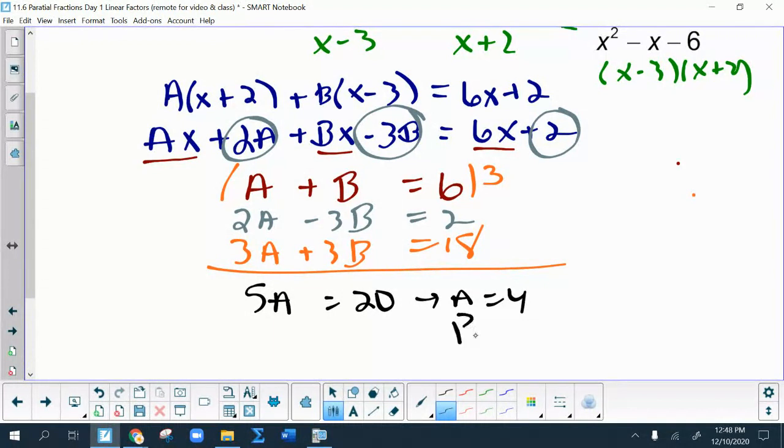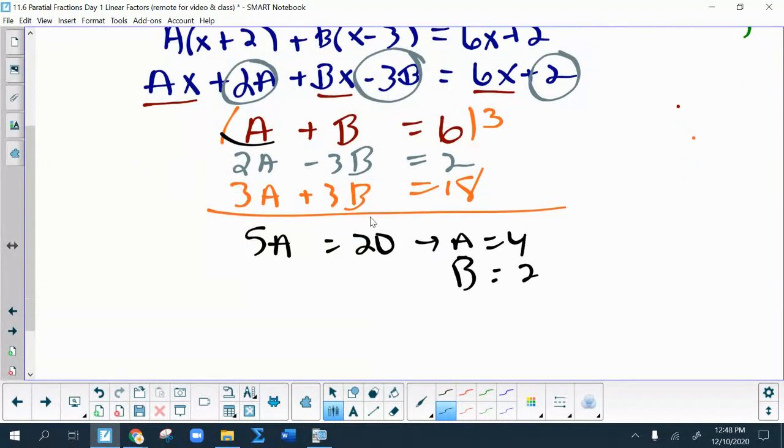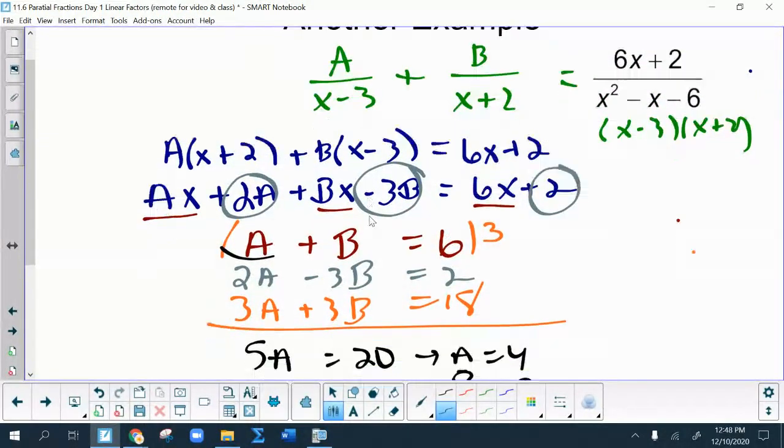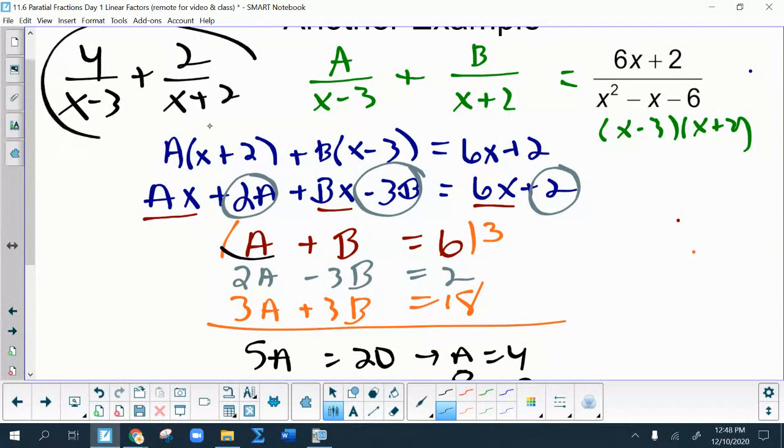And if a equals 4, I put that back here. That gives me b equal to 2. And then we can't forget to write this as one fraction. So it's 4 over x minus 3 plus 2 over x plus 2. So that's my decomposed form.